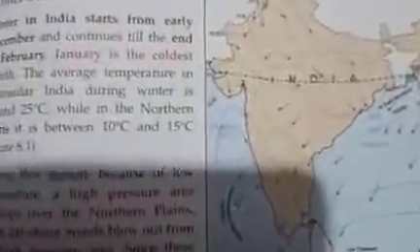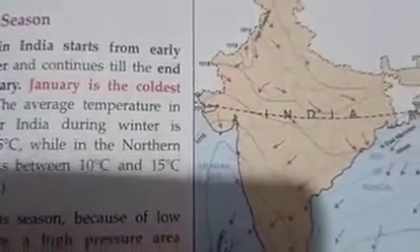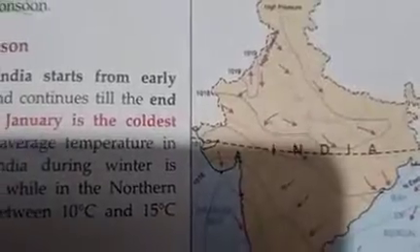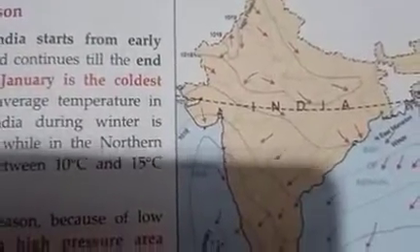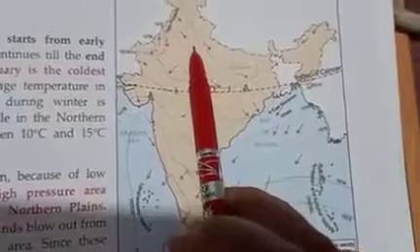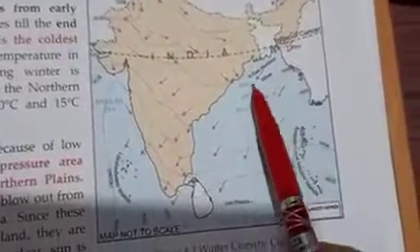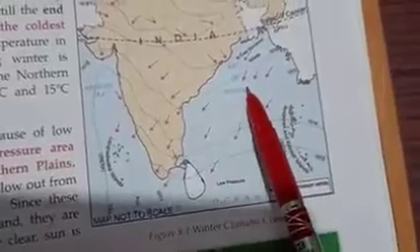So children, because of the cold season, the northern plain is experiencing high pressure. Because of low temperature, a high pressure belt is created over the land, whereas over the sea, a low pressure belt is created.